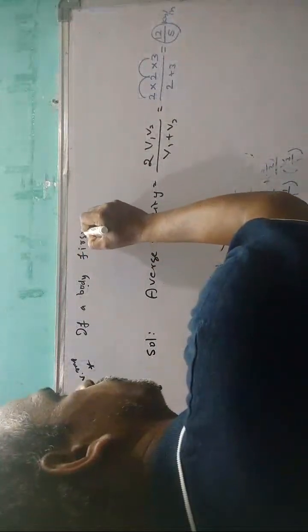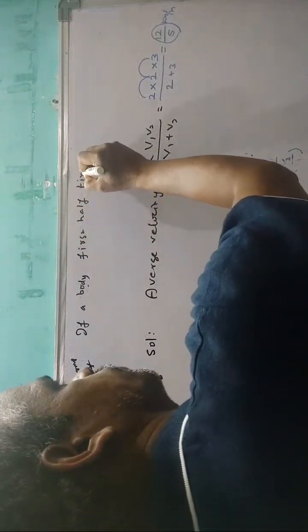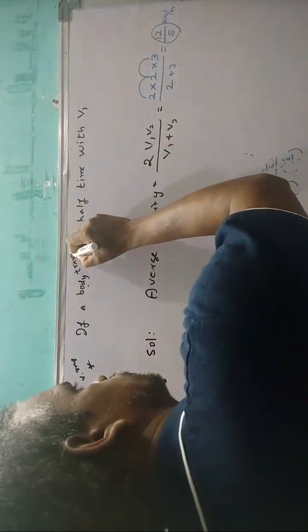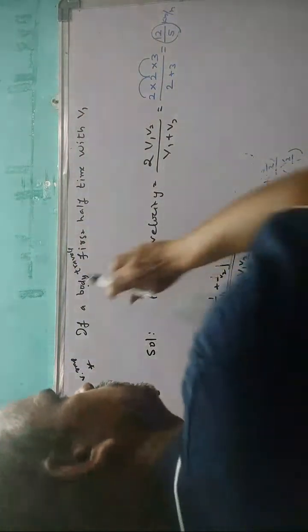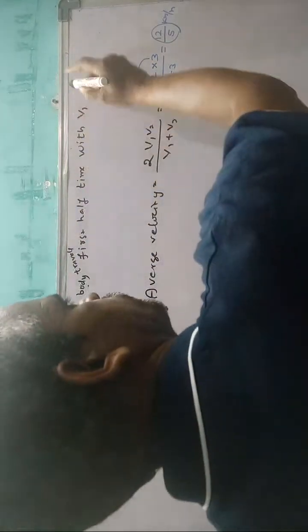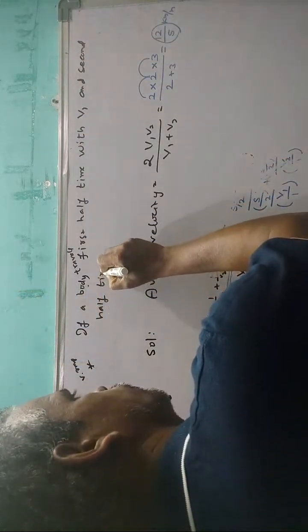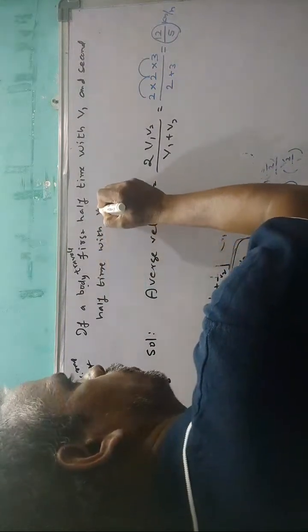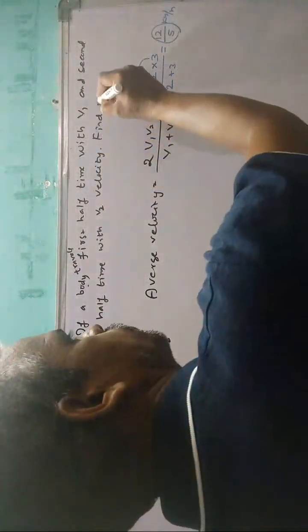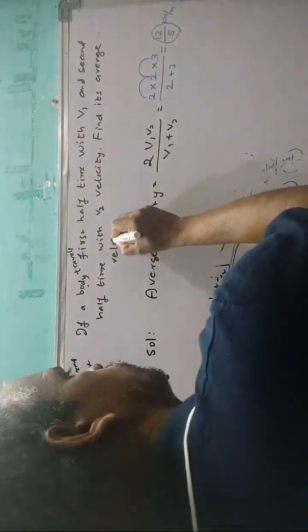If a body travels first half time with v1 velocity and second half time with v2 velocity, find its average velocity.